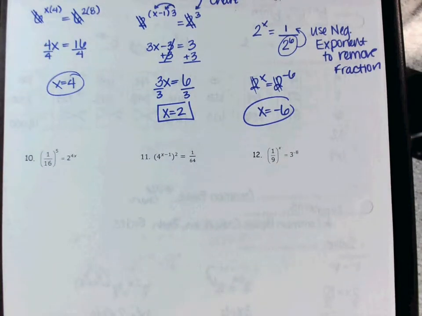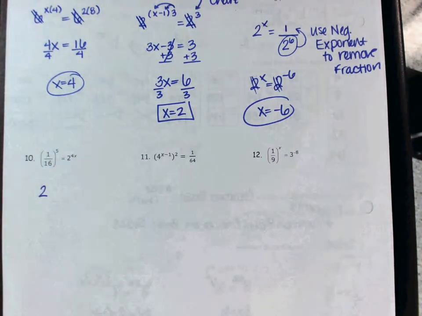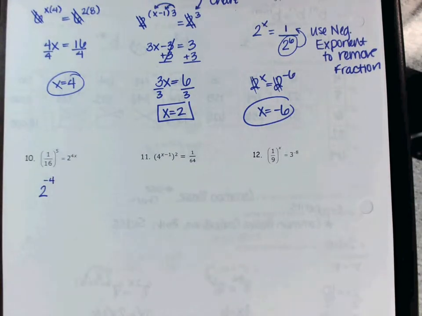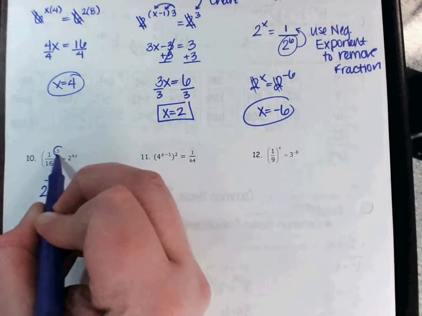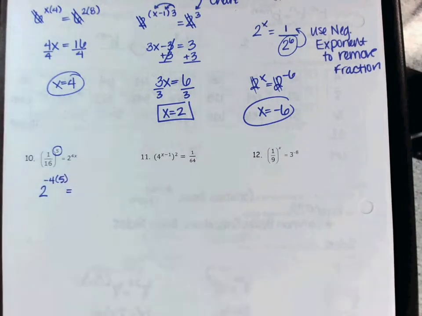Next one. This time I have 16. What is that as a base 2? Now, it's 1 over 2 to the 4, so how could I change it? 2 to the negative 4. Okay, and then what was already on that side that I can't forget about? The 5, so parentheses 5.